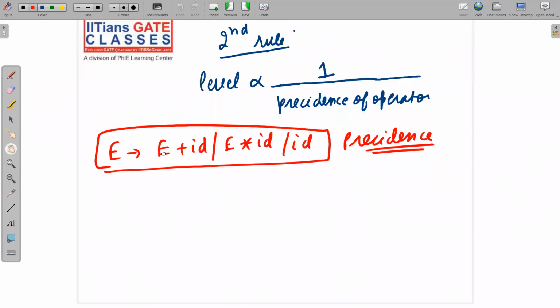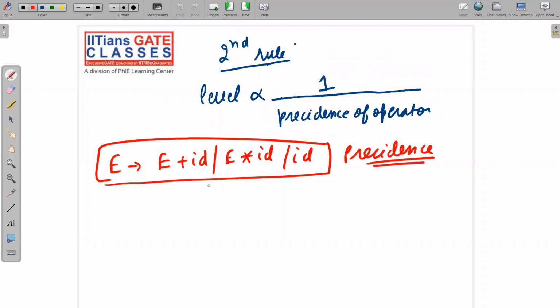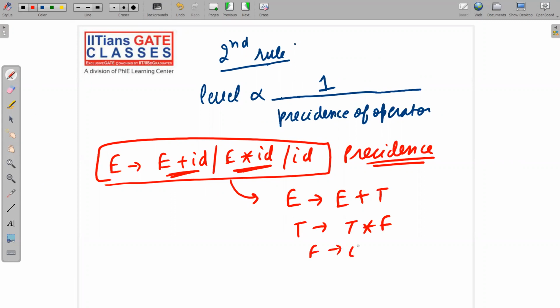Now see here carefully. What can be done? Indirectly, I want to say that in the parse tree, star should be at the lower level and plus should be at the higher level. So this is the standard way. We will say E implies E plus T, T implies T star F, and F goes to ID.